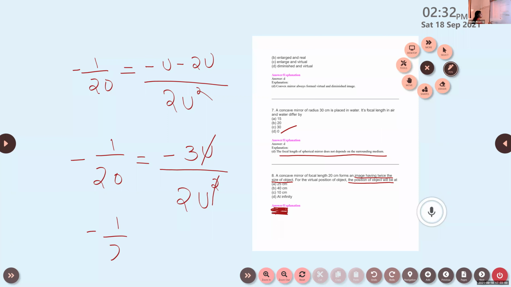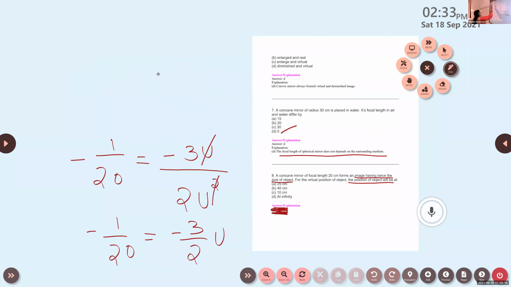Or minus 1 by 20 is equal to minus 3 by 2u, which implies u is equal to, rearranging the equation, minus 2 by 3 into minus 1 by 20.